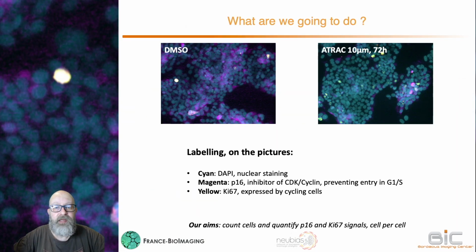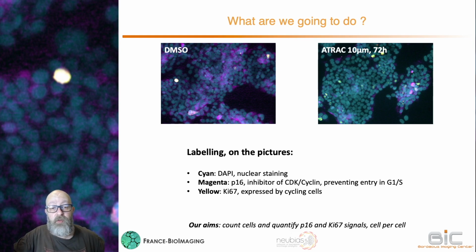In previous episodes, you've been labeling cells with three different stainings, two immunolabelings and one which is a dye labeling the DNA. So you've been using DAPI to stain the nuclei, and two antibodies raised against P16 and Ki67.